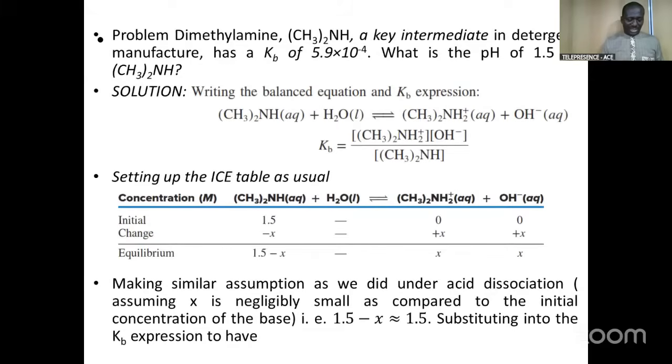All right, so we can just find what x is. So x will be equal to the square root of 1.5 times 5.9 exponential minus 4, and that will be equals to 0.0297.